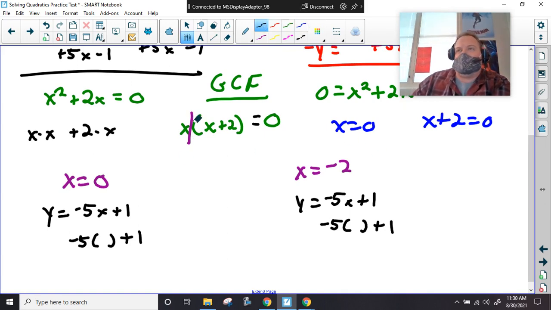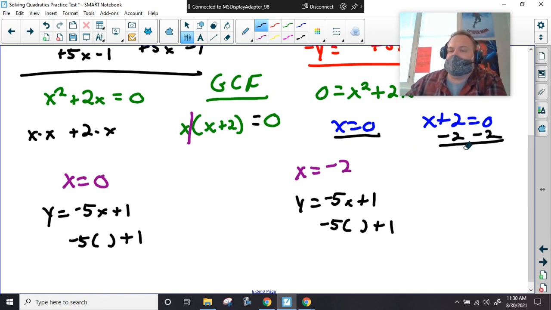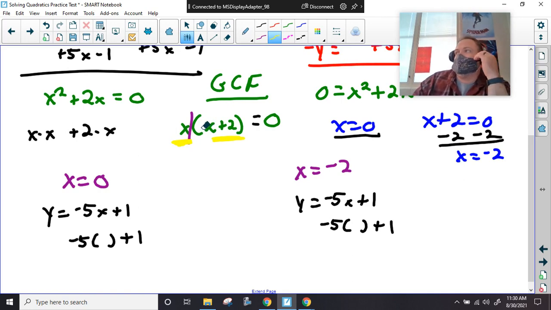Because these are being multiplied, I set x equal to 0 because that's going to make it equal 0. The reason why it's -2 is because if I solve this, I get x equals -2. Remember, we're looking at what's going to make this 0 and or what's going to make that 0, because if any one of those is zero, the whole thing is 0.